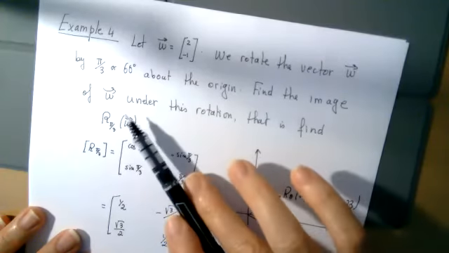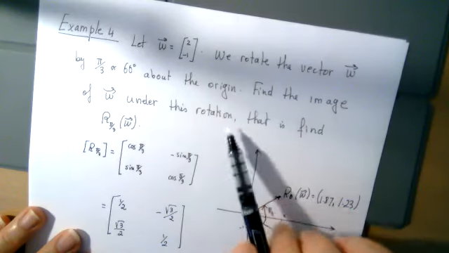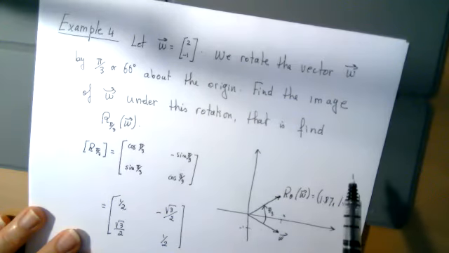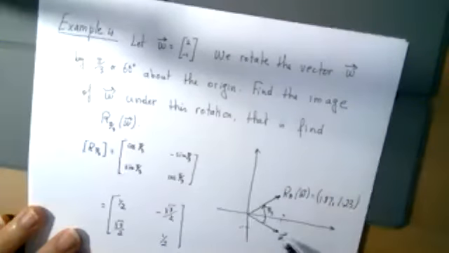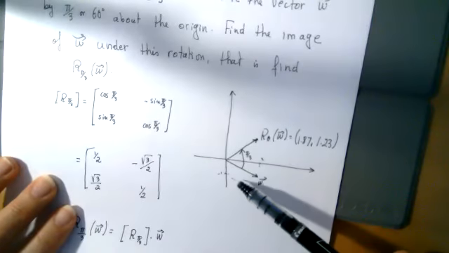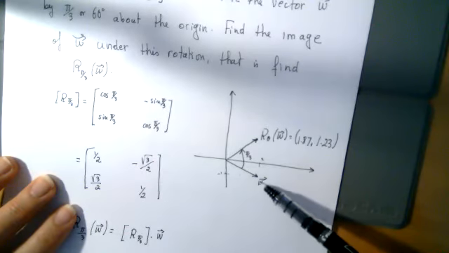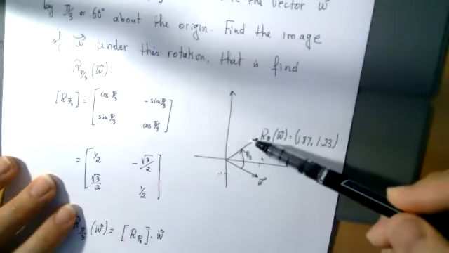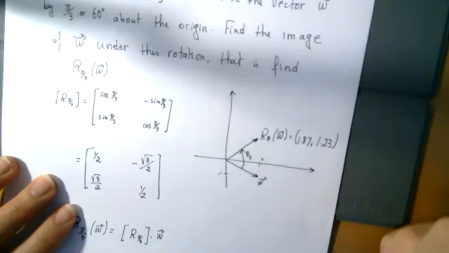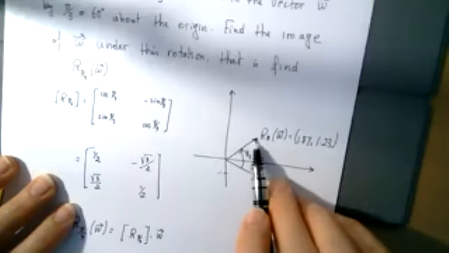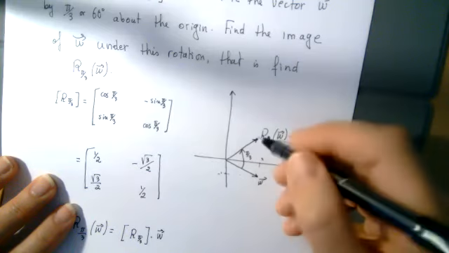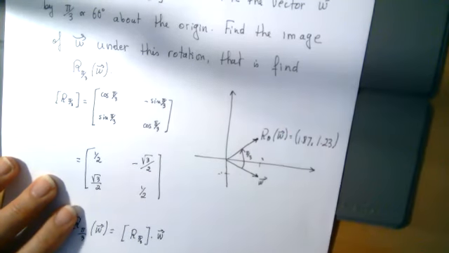My question is, find the image of w under this rotation. So I take a vector, this is my vector here, it's 2, minus 1. I take it and rotate it by pi over 3. I land here. My question to you is, what are the components of this new vector? What's the coordinate of this point?